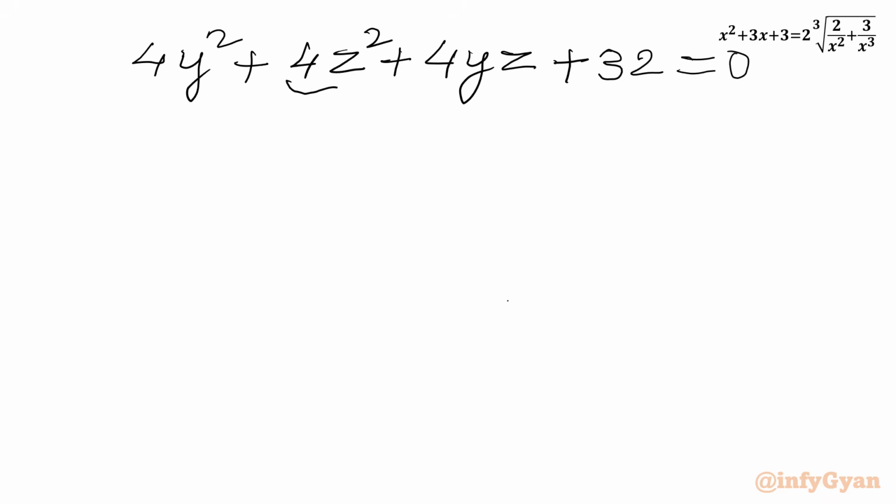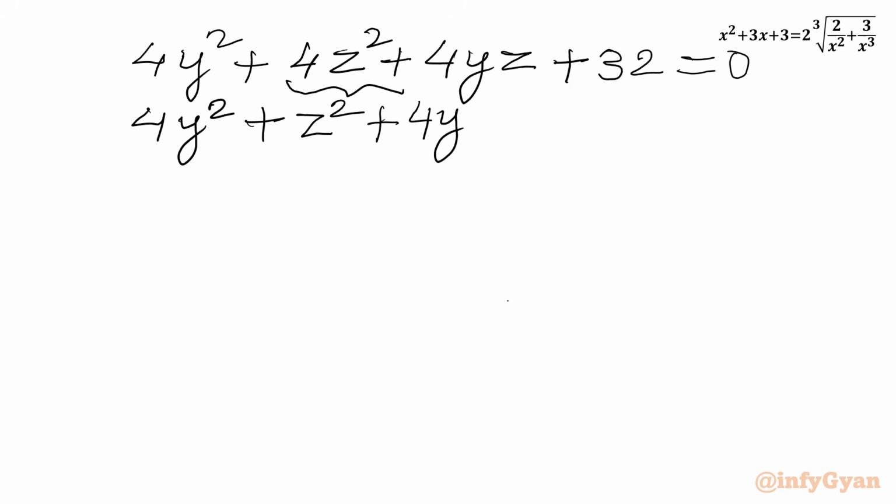Now we will split 4z² into z² plus 3z². So let's write z² over here, then we have 4yz. Then we will write the remaining 3z². And this 32 we will take to the right-hand side. It will become minus 32.